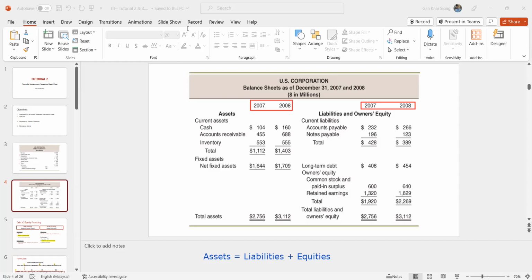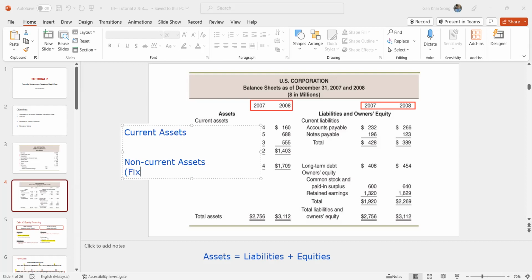So therefore, I can write over here, when you look into assets on my left column, we have current assets, okay, and non-current assets, which we call fixed assets here.